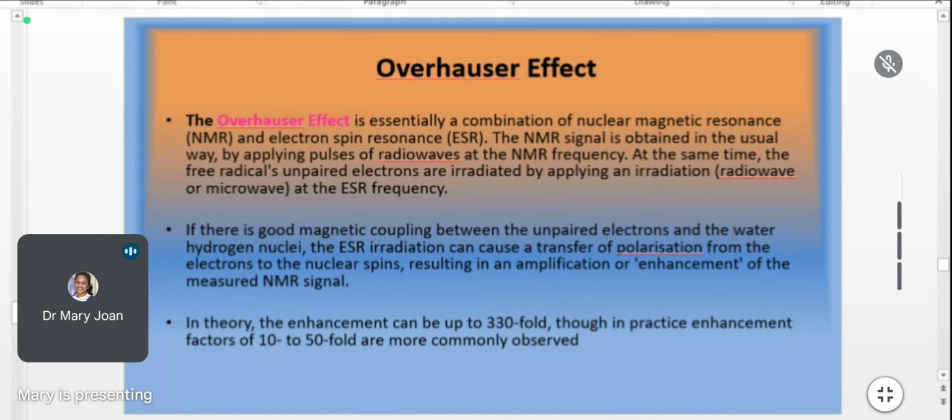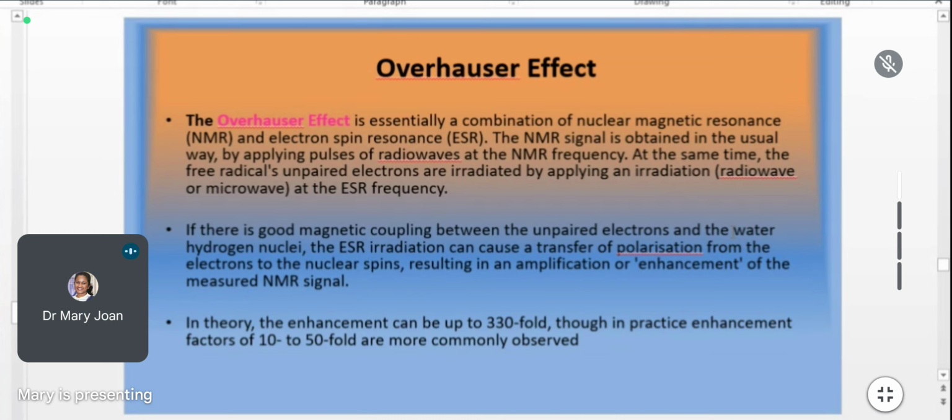So if there is good magnetic coupling between the unpaired electrons and the water hydrogen nuclei, the ESR irradiation can cause a transfer of polarization from the electrons to the nuclear spins, resulting in an amplification or enhancement of the measured NMR signal.